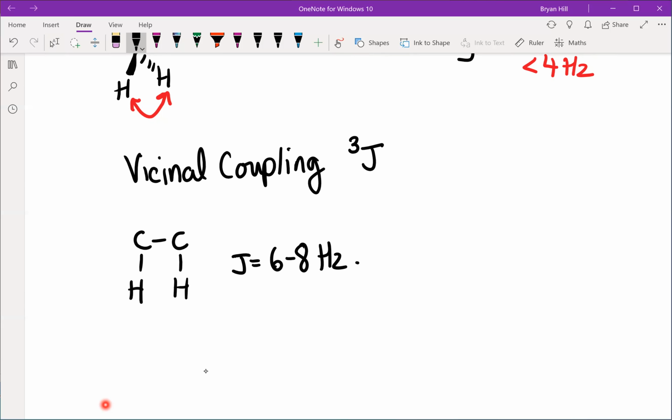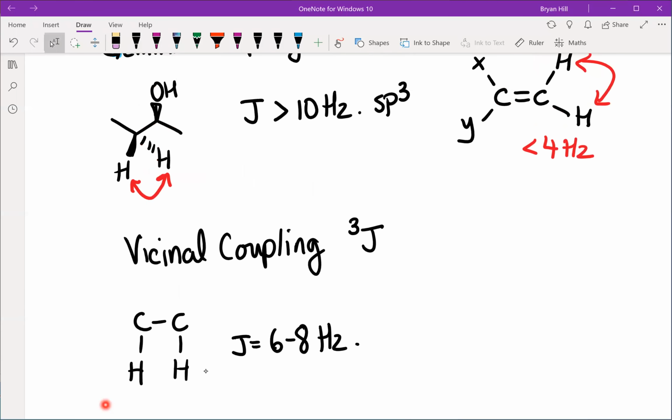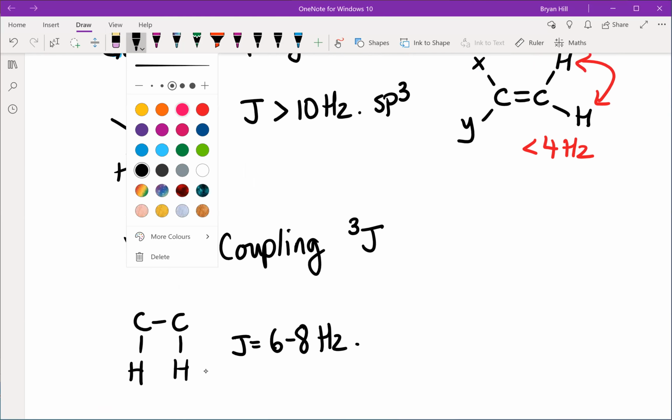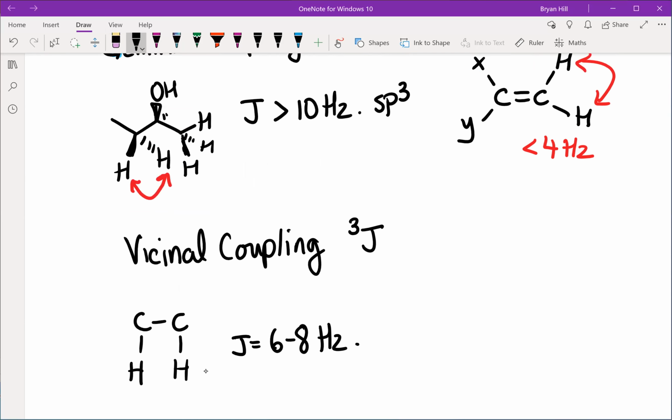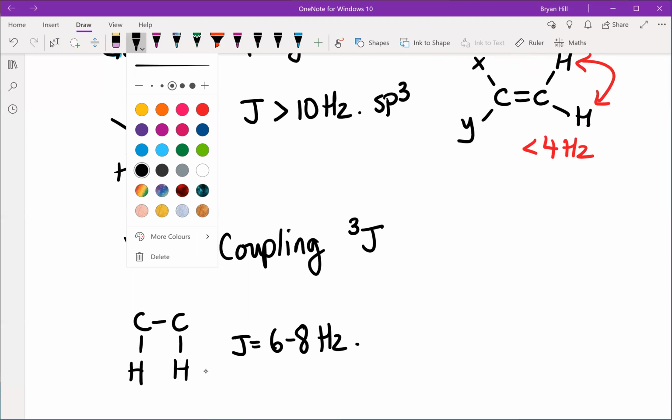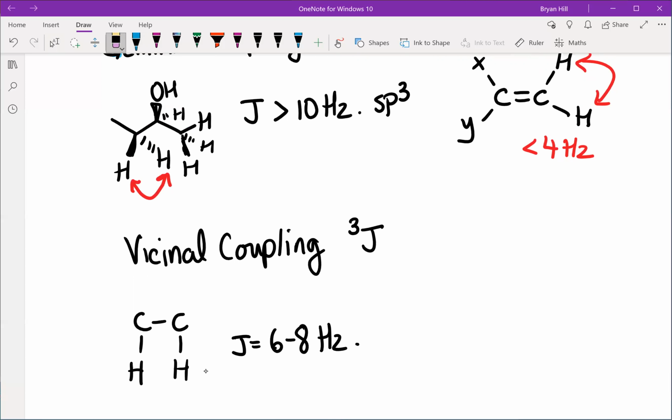So in our molecule at the start, let's erase these 3 because we don't need them for the time being.